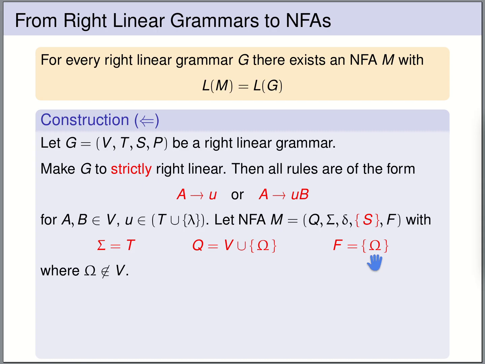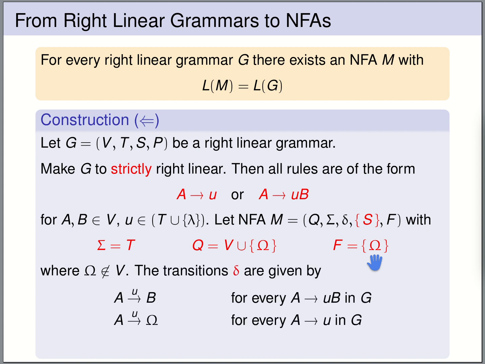Now, how do we translate the production rules into transitions of the automaton? We do this as follows. So the transition function is given by the following transitions. We have a transition from A to B with label u if in the grammar we have a production rule A rewrites to uB.